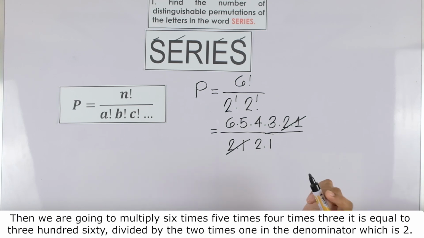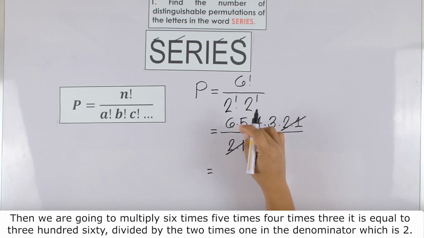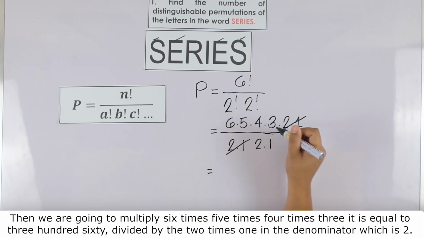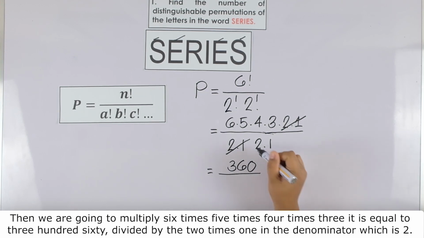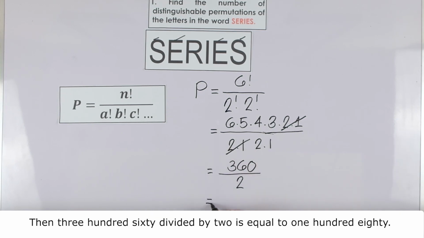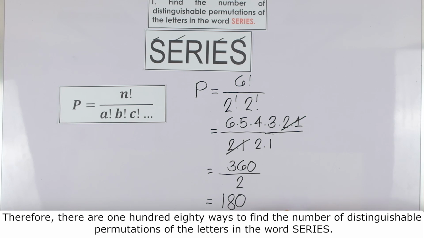Then we multiply 6 times 5 times 4 times 3, which is equal to 360, divided by the 2 times 1 in the denominator, which is 2. Then 360 divided by 2 is equal to 180. Therefore, there are 180 distinguishable permutations of the letters in the word series.